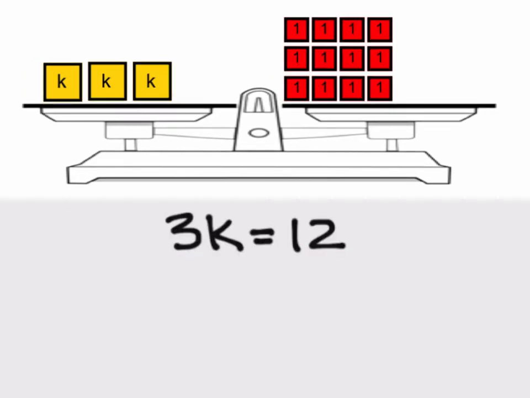Let's revisit this equation one more time. Now there may have been another way to get k on one side of this equation. For instance, if we subtracted 2k from 3k, we'd have 1k left over, and we'd have k by itself on one side of the equation. So let's go ahead and subtract 2k from both sides of the equation.